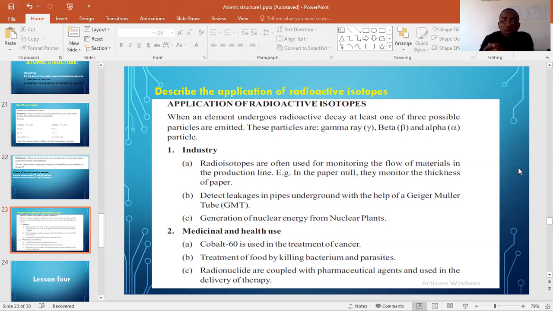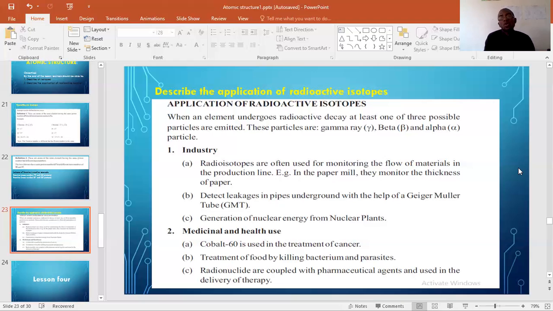Then we have what we call the GMT, which is the Geiger-Muller tube. This is another device that makes proper use of the radioactive particles. In case you have a leakage underground, it's very difficult for you to physically notice that there is a leakage underground.